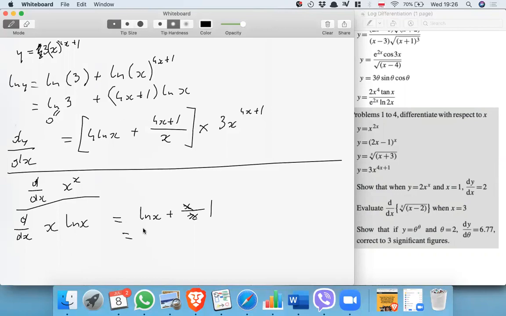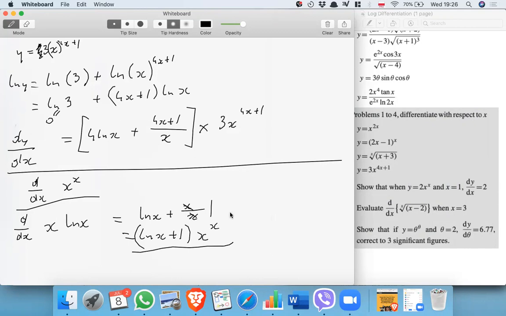So that equals ln x plus 1. So the derivative of the natural log is ln x plus 1, multiplied by x to the power of x. And then you can apply this derivative to the expression when x equals 1.